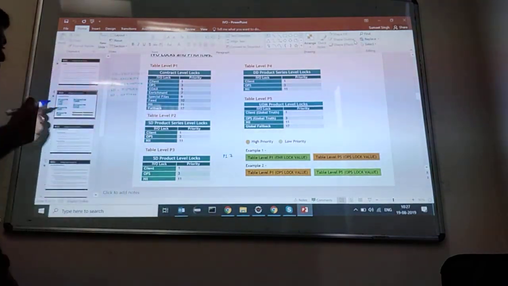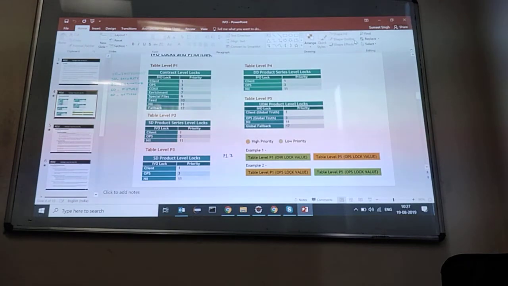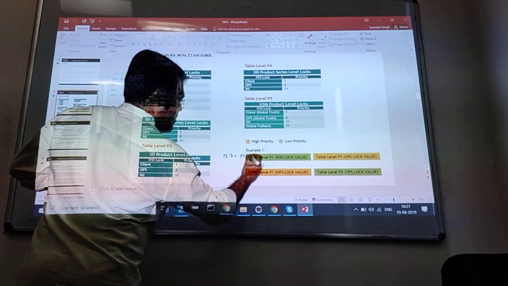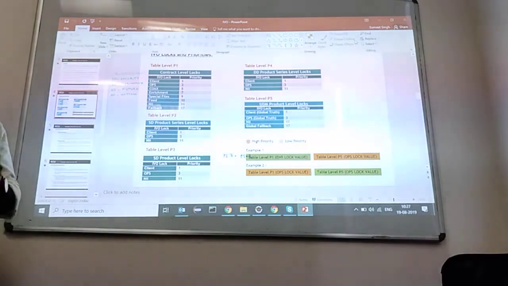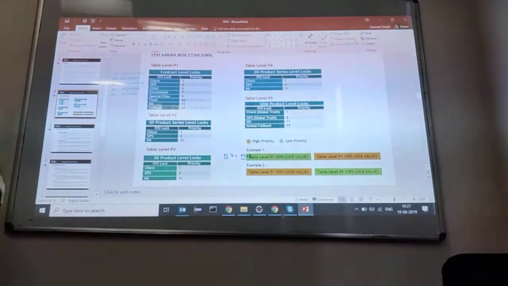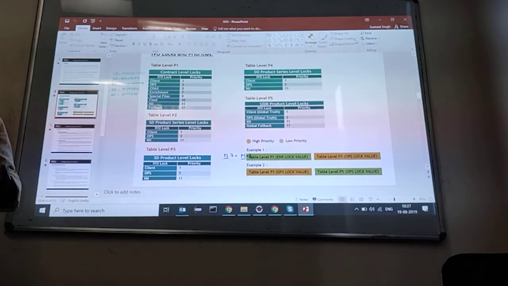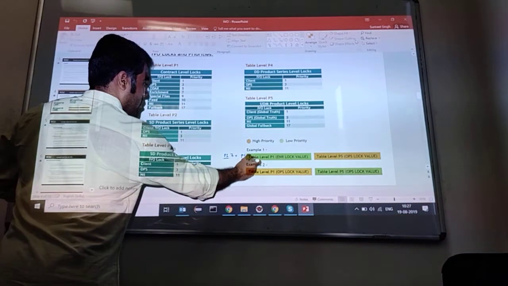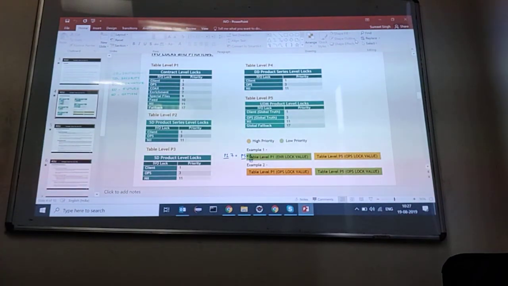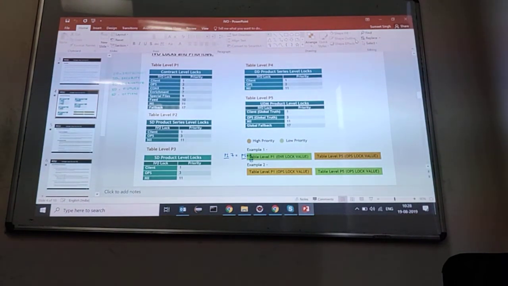Then I have a table level priority 5, which gives P5 and 3. In this case, P1 is obviously higher than P5, but my lock level always gets the highest priority. So in this case, the ops lock is getting higher priority, so this value will go.